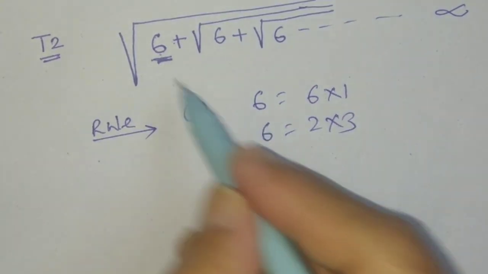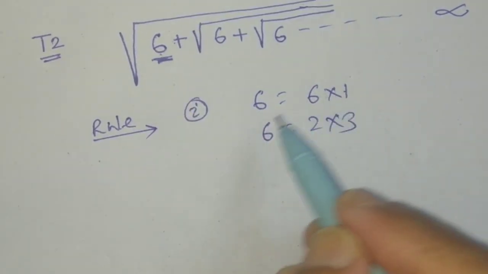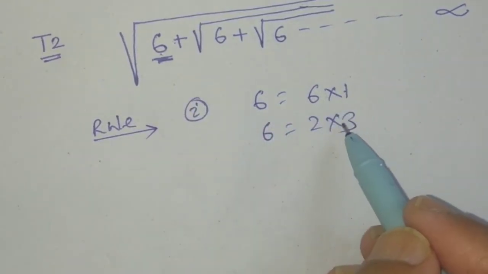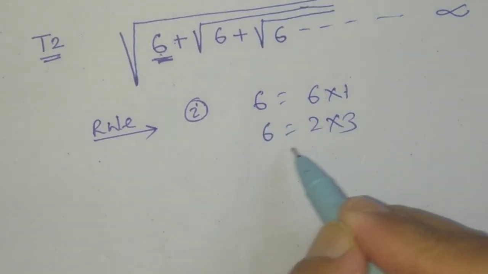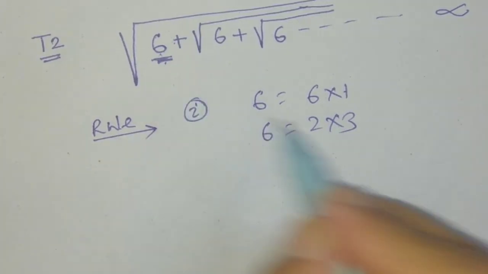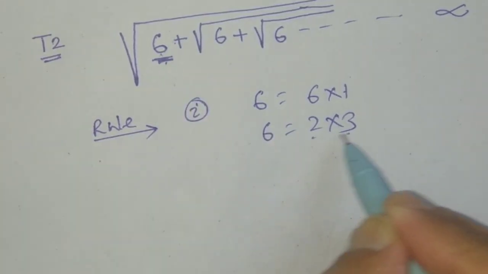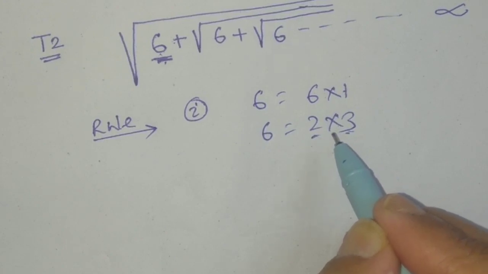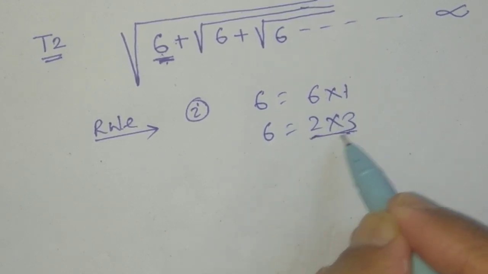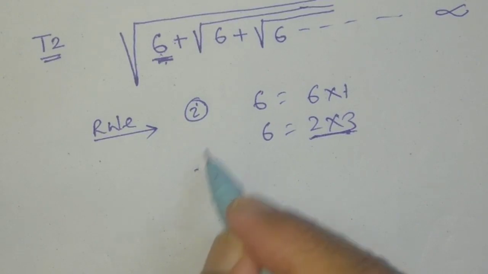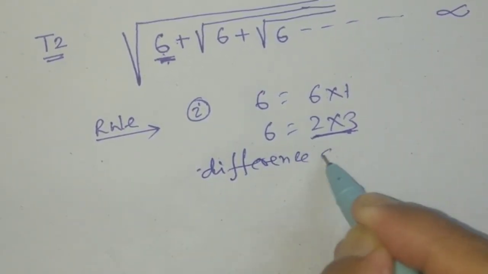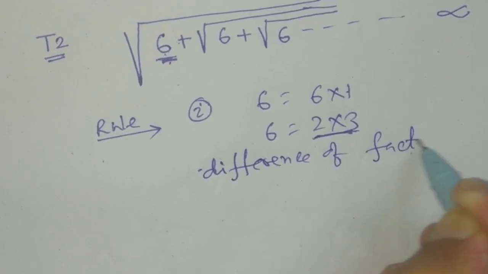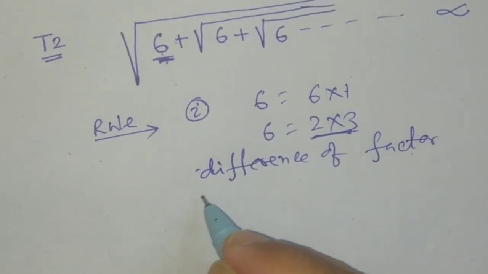Just you factorize this 6 with the difference of the factors being 1. So the difference of the factors must be 1.